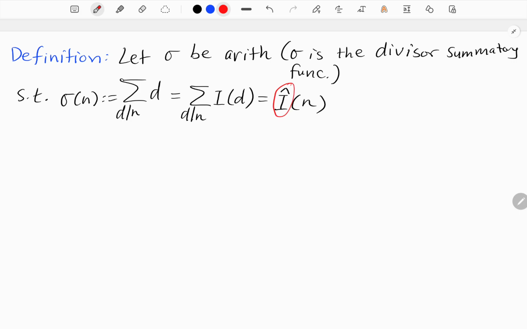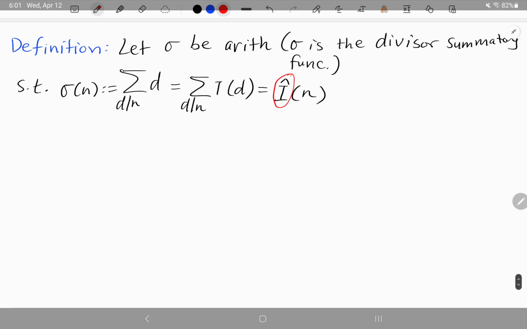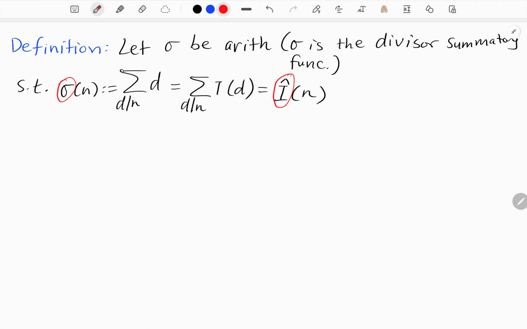But from here, we know I hat is multiplicative because I is multiplicative, and we know that I hat is equal to sigma. Therefore, what we conclude is that sigma is multiplicative, since I is multiplicative.